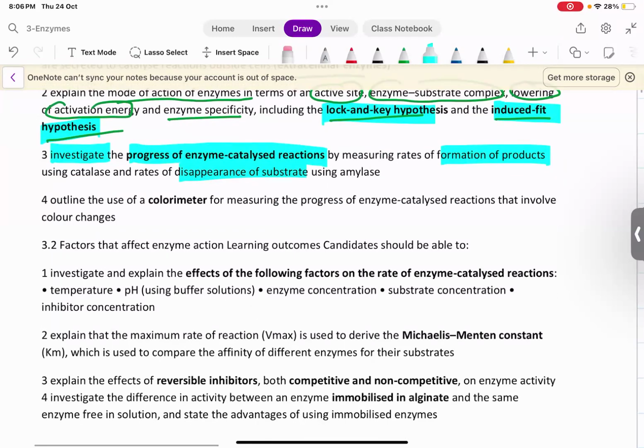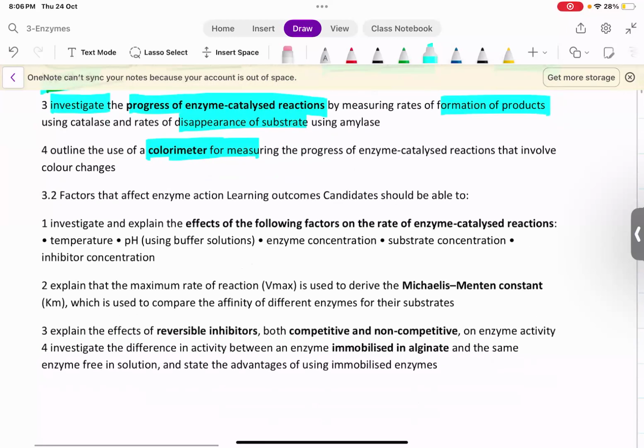We'll discuss the use of colorimeter in this chapter. And then we have factors affecting the rate of enzyme action. We'll discuss the different factors that affect the rate of an enzyme action. That includes temperature, pH, enzyme concentration, substrate concentration, and inhibitor concentration.